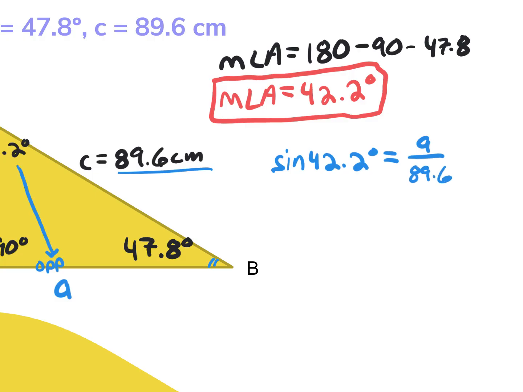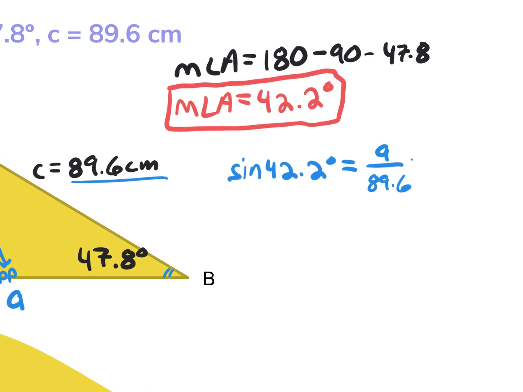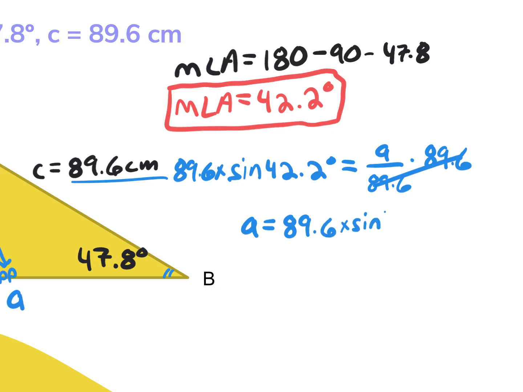All right, are we okay with that, guys? So you're just using SOHCAHTOA to figure out which ratio to use. All right, and then we want A. How do we get A by itself? Good, multiply by 89.6 on both sides. So times 89.6. And then those cancel out, and then we get side A is equal to 89.6 times sine of 42.2.